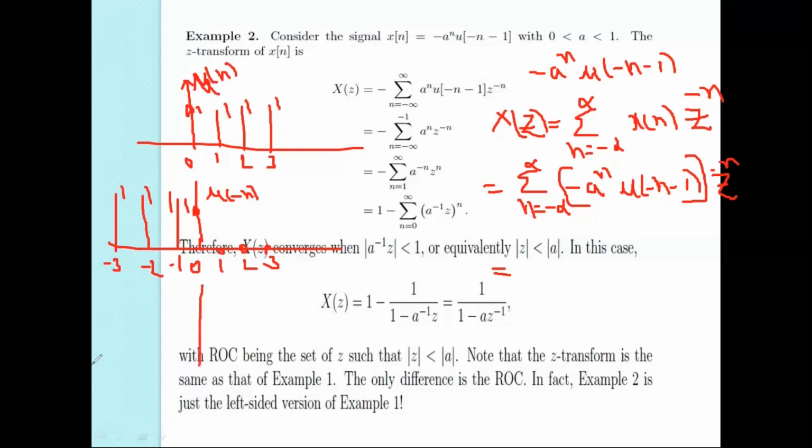And from this mu of minus n, now I am subtracting 1, that is mu of minus n minus 1. Taking the minus as common, it is mu of minus of n plus 1.